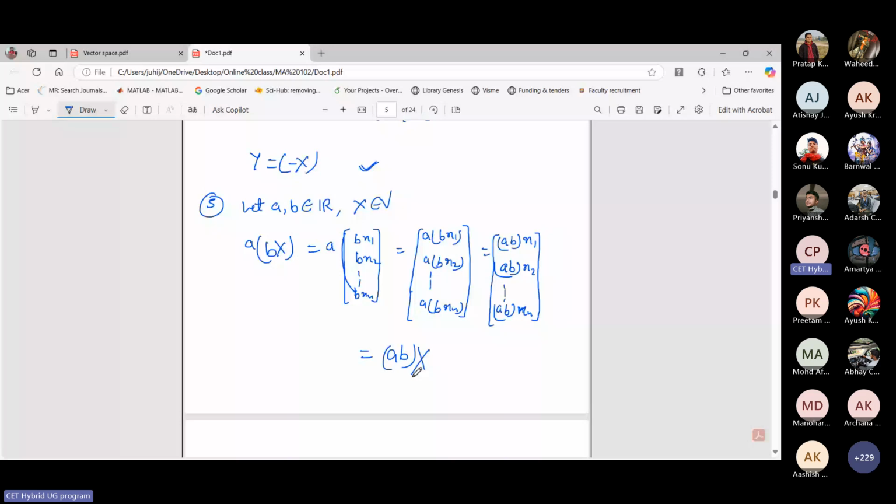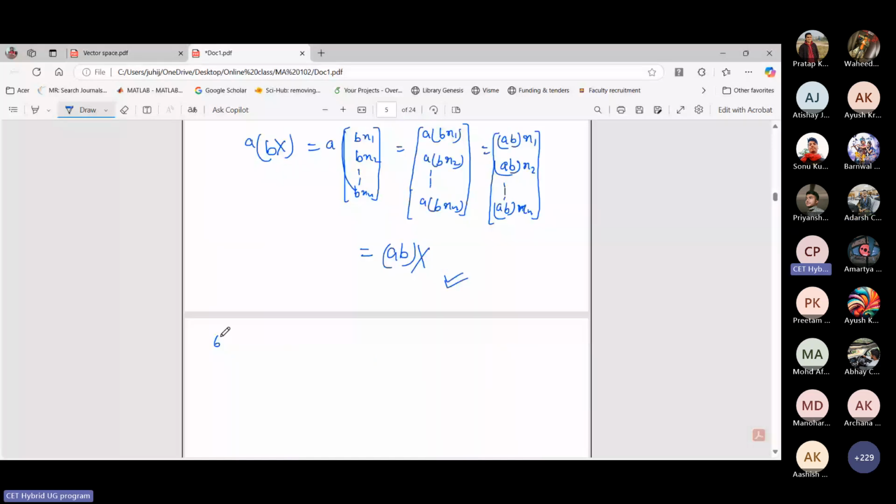Multiplication compatibility holds. Now the sixth property is 1 into V is equal to V. 1 belongs to R, a real number, which gives 1 into x is equal to 1 into x1, 1 into x2, up to 1 into xn.